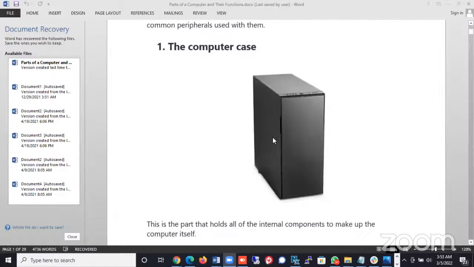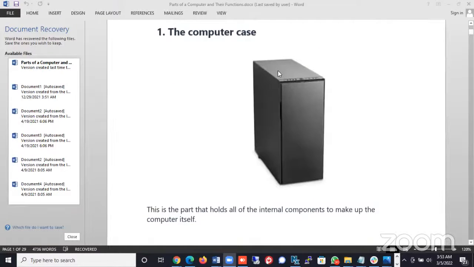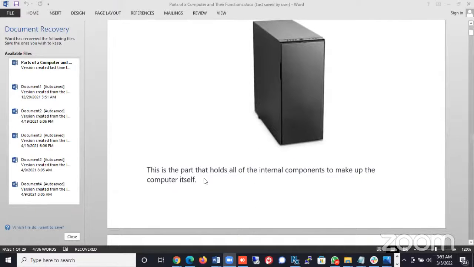The main job of this case is to make sure that it holds all the internal parts. The computer consists of many devices, and those many devices are put together in a container.